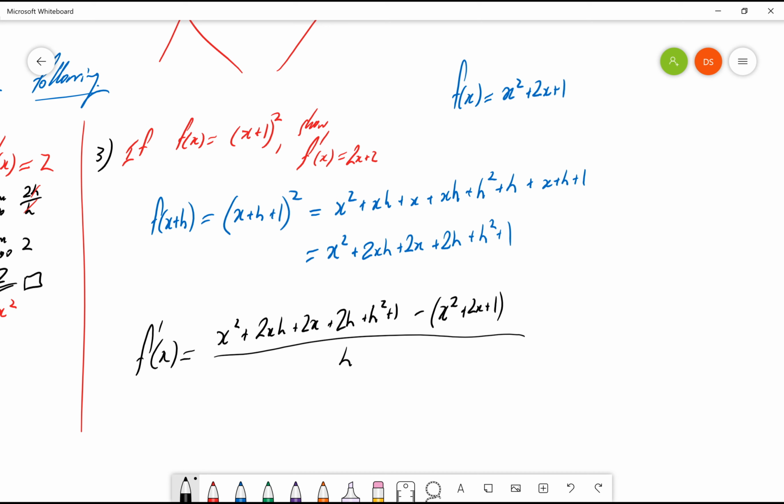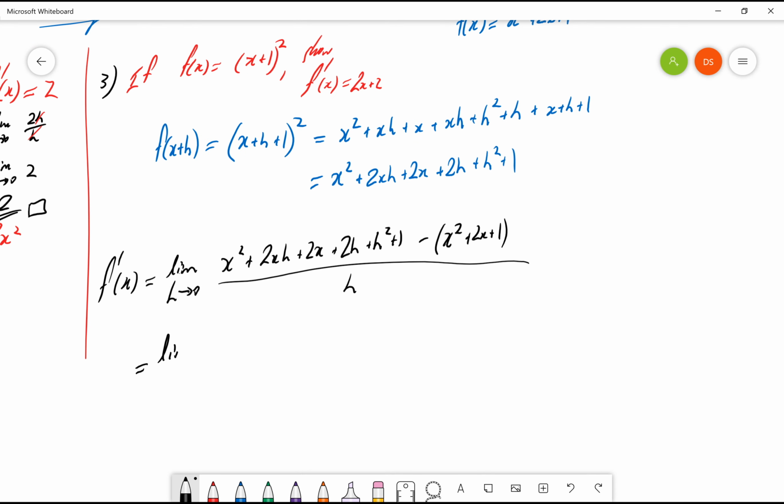What have I forgotten? I've forgotten to put the limit at the front, and this is not okay. So make sure you always write limit at the front when you're doing this kind of thing.